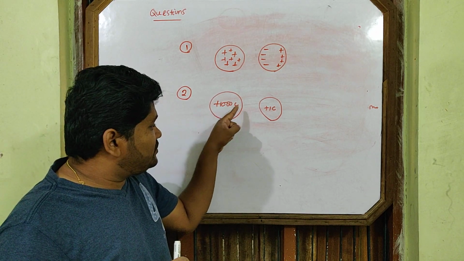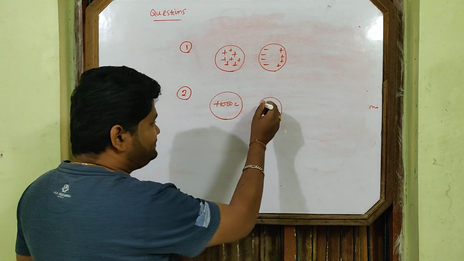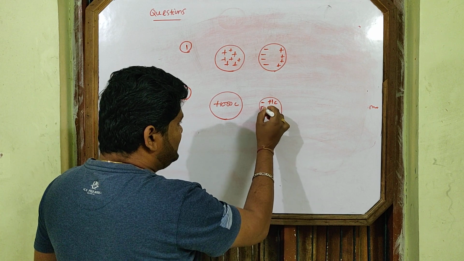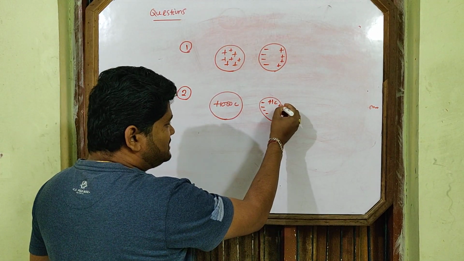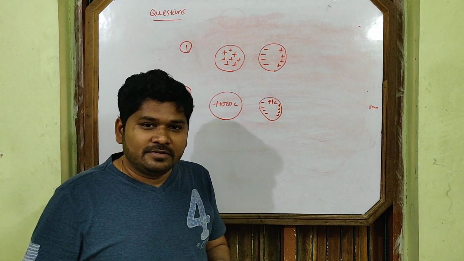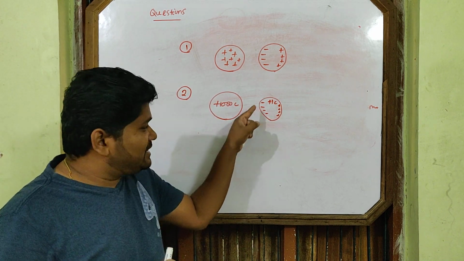This plus 1000 coulomb will induce some negative charges in the near end of the plus 1 coulomb body, and positive charges at the further end. So this 1000 coulomb will now attract this body because negative charges are induced here.